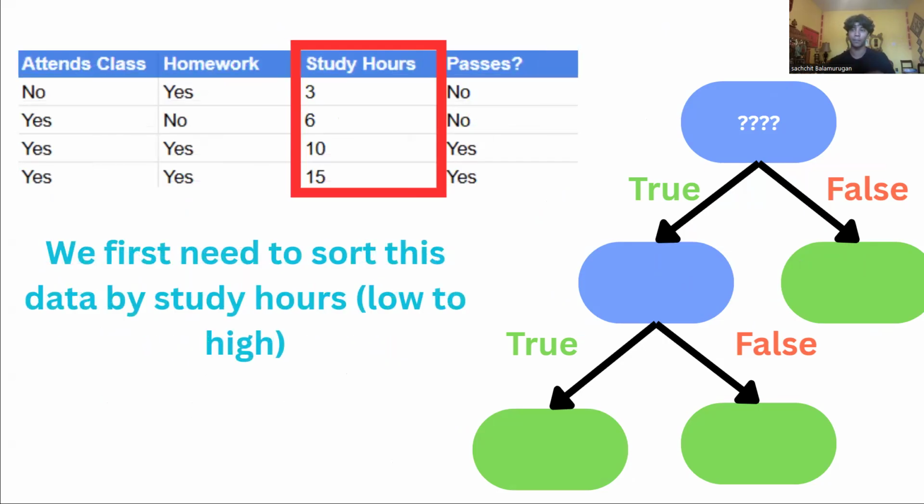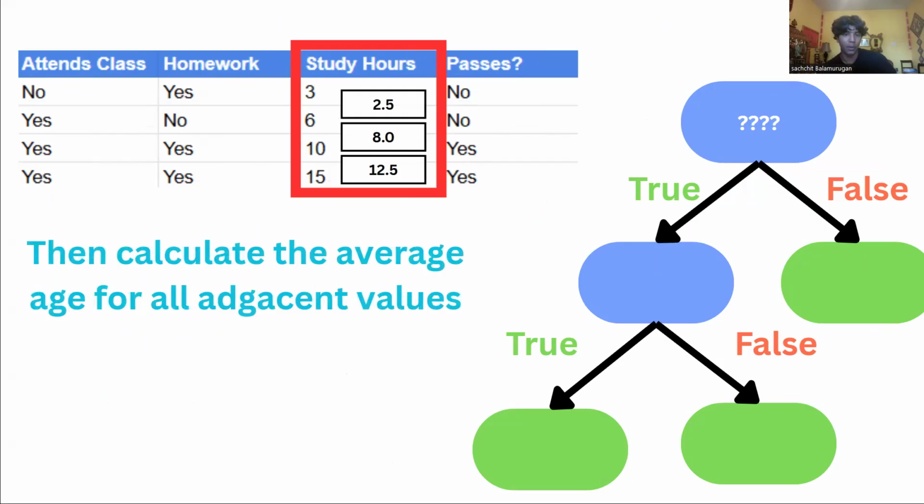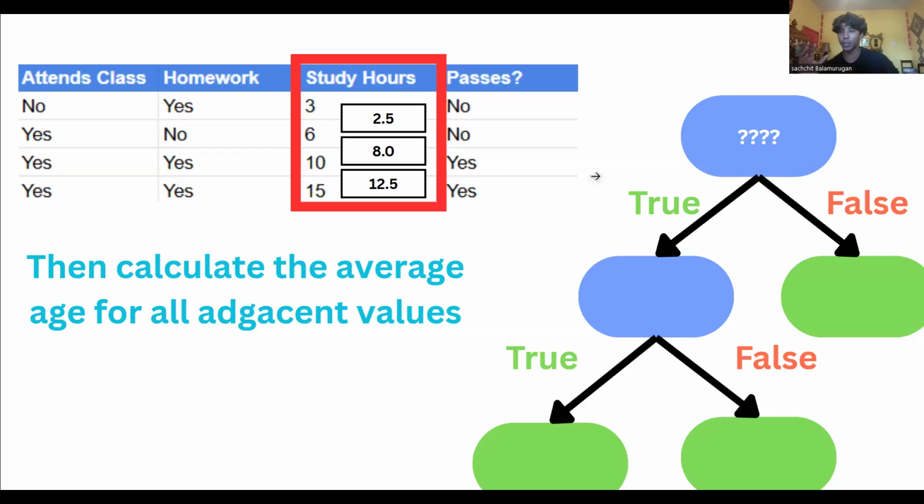Sort your list, okay? And now we need to calculate the average for all adjacent values, right? So the formula for that is pretty easy. You just do 3 plus 6 divided by 2, and you get this value. 6 plus 10 divided by 2, you get this value. 10 plus 15 divided by 2, you get this value, right?